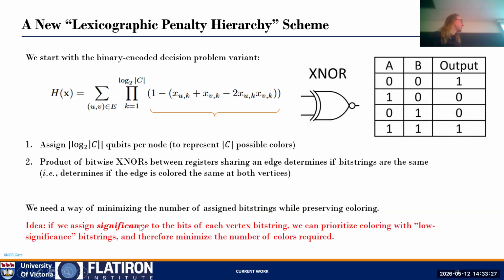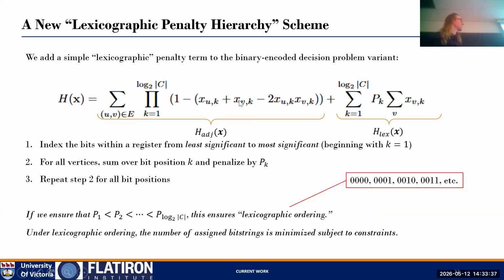But we need a way of minimizing the number of assigned bit strings while preserving coloring. So the idea was that if we assign significance to the bits of each vertex bit string, we can prioritize coloring with low significance bit strings and therefore minimize the number of colors required. So we take that original decision variant Hamiltonian, and we add a simple penalty term on the end here, where we index the bits within a register from least significant to most.